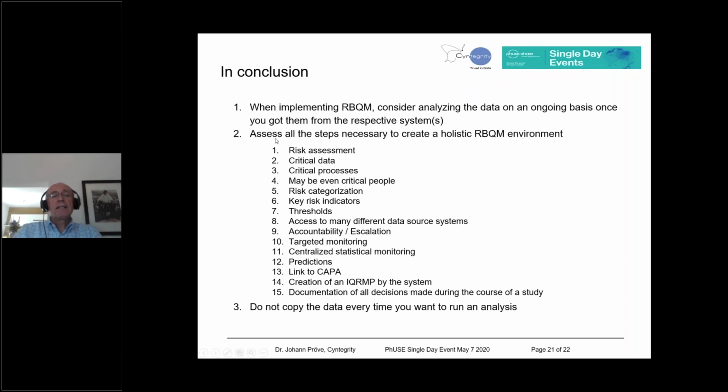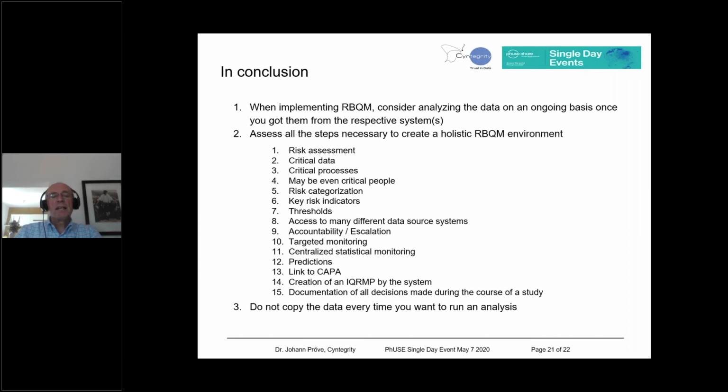And then secondly, I think it's important to assess all the steps necessary to create a holistic risk-based quality management environment, because nobody really on the client side, on the customer side, is interested in getting a system that you have to leave and go back into again, and for different activities like the risk assessment and the critical data and critical process determination, you go into one system, but then you have to move to another system to look at the output of your data.